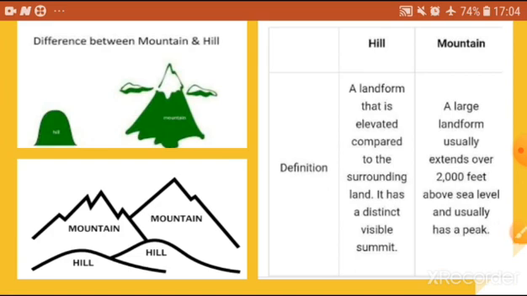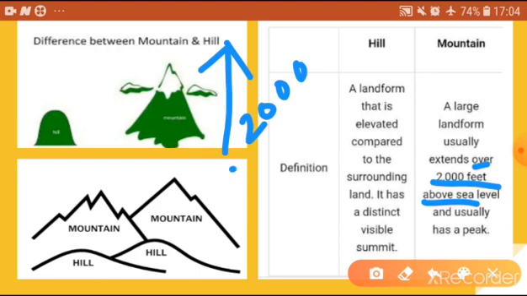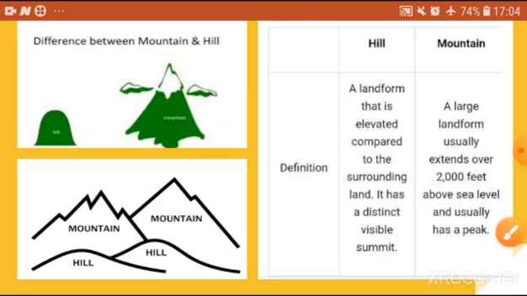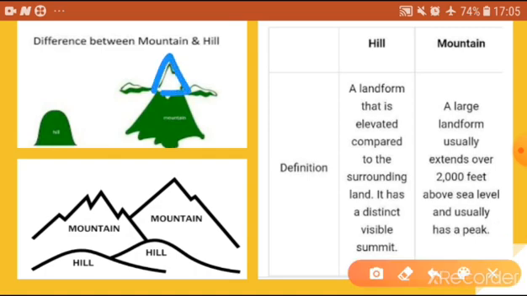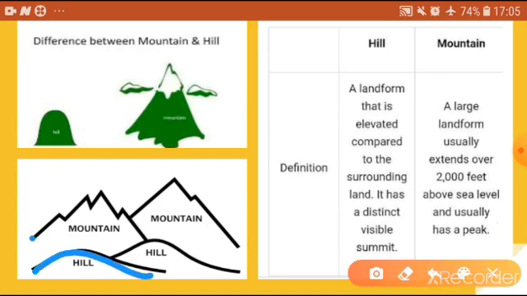Whereas mountain means a large landform usually extends over 2000 feet above sea level and usually has a peak. Mountain has a peak. Here also you can see the difference between hill and a mountain.